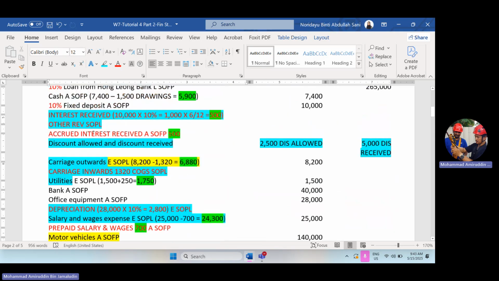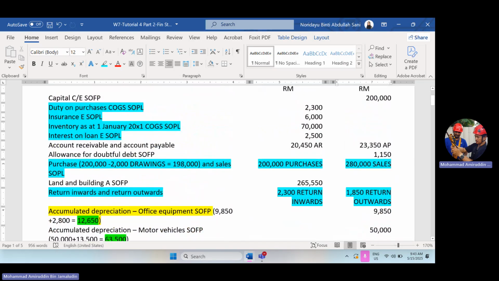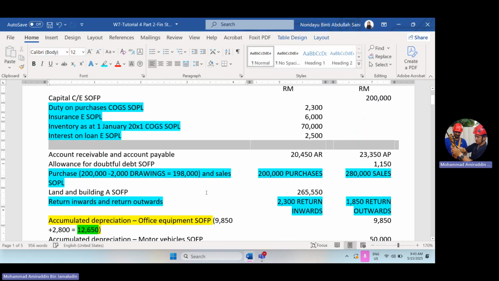My interest on loan, 10% multiply 265,000. It should be 26,500. Can I put it here? Because we already have the interest on loan in the question. But is it sufficient?